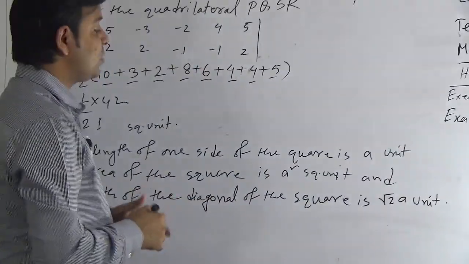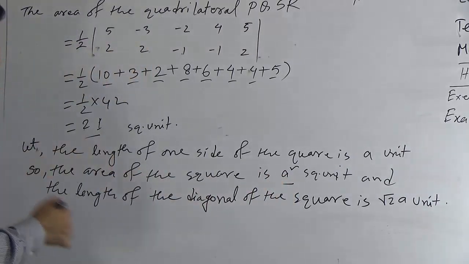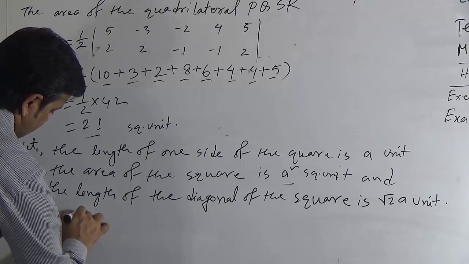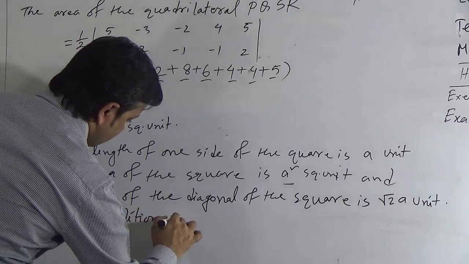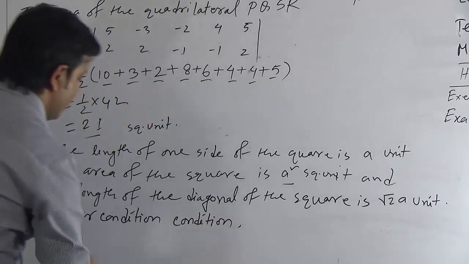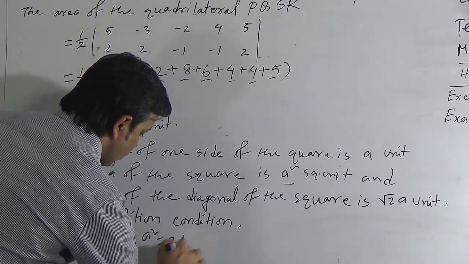So at first we have to determine a condition, that is a square is equal to 21. We can write as per condition, a square equal to 21.